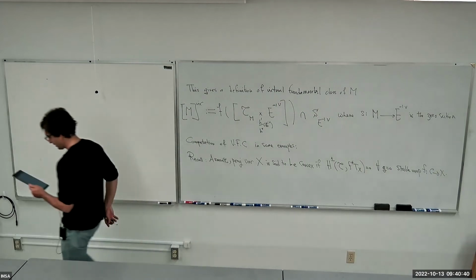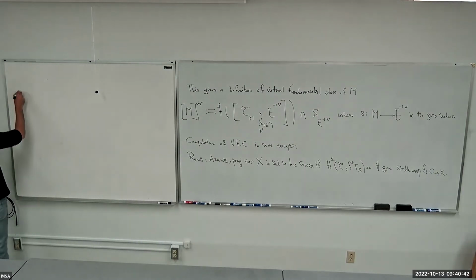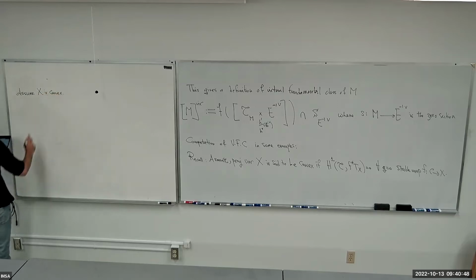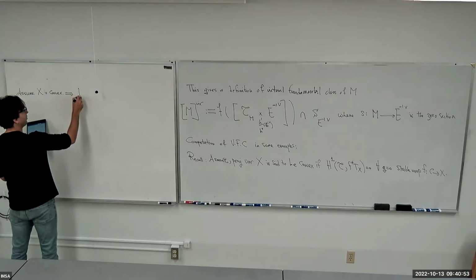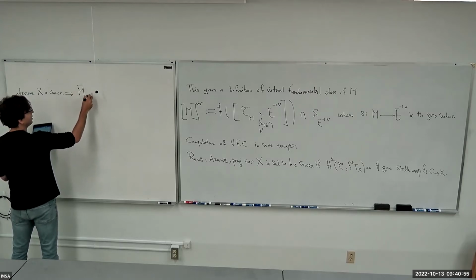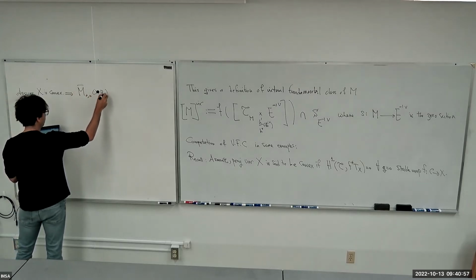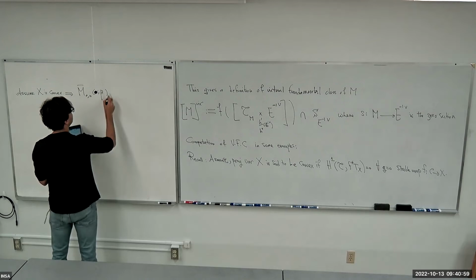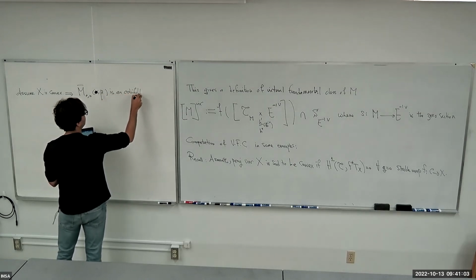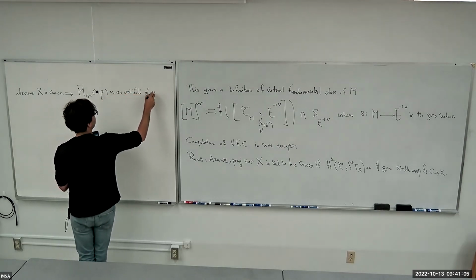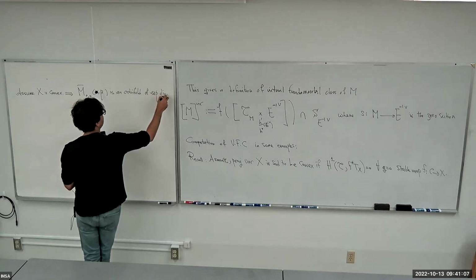So assume X is convex. Then M bar 0,n of X, beta is an orbifold of expected dimension.